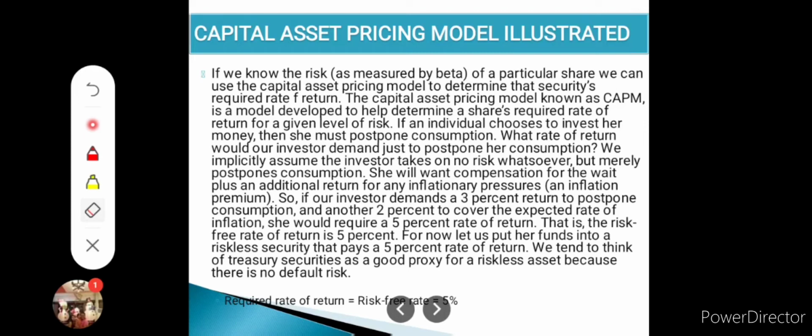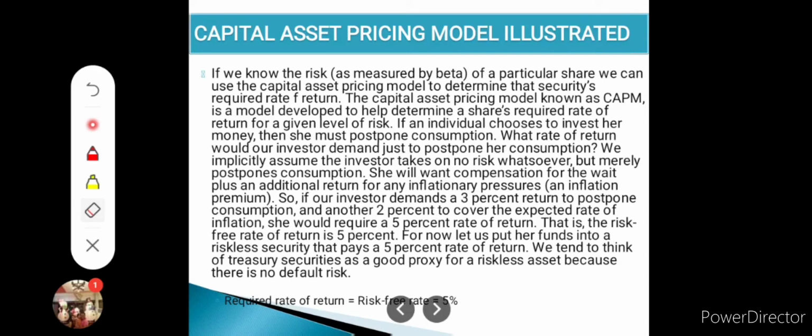What rate of return would our investor demand just to postpone her consumption? We implicitly assume that the investor takes on no risk whatsoever but merely postpones consumption.